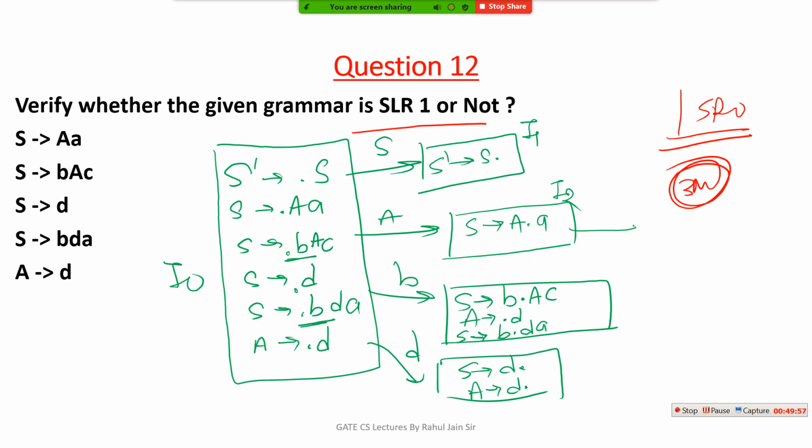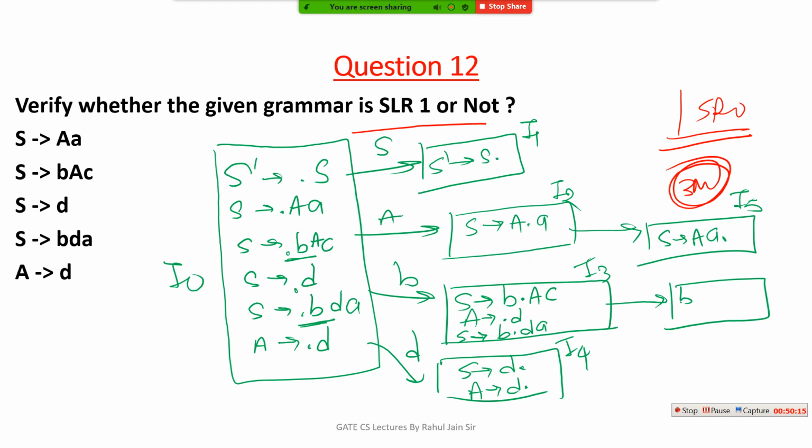Now I need to move. This is suppose my I3 state, this is I4 state. Now if I make one more step, then S will derive A dot. It is my I5 state and it is completely reduced. In that I need to move on with the right hand side by S deriving B A dot C, and on A I hit the transition.